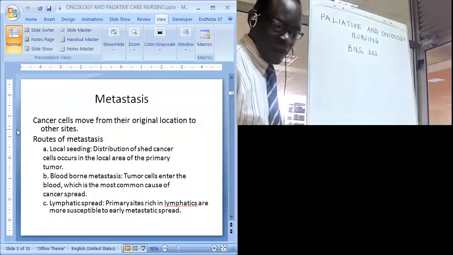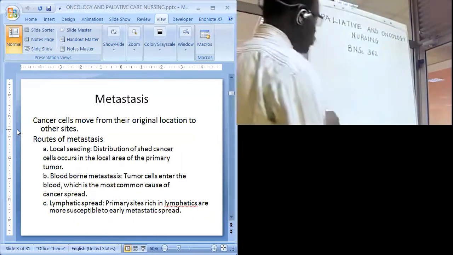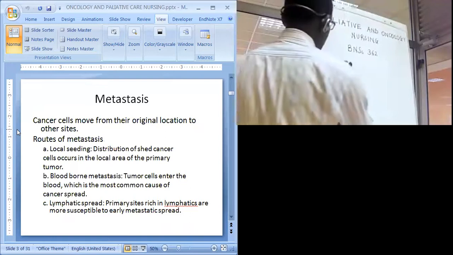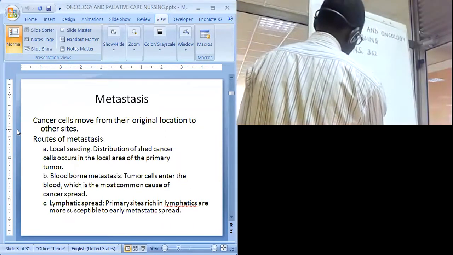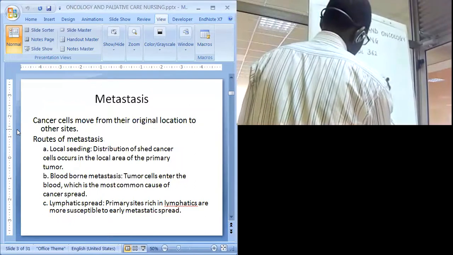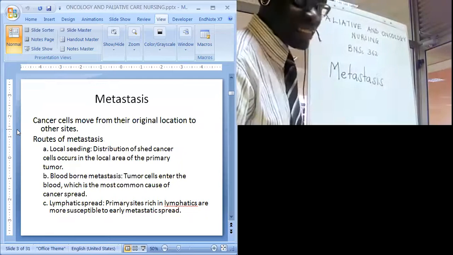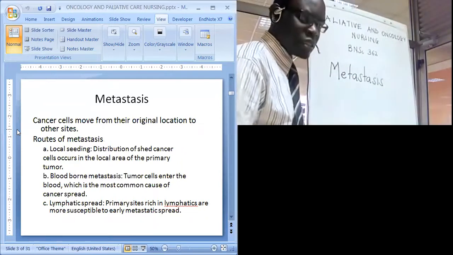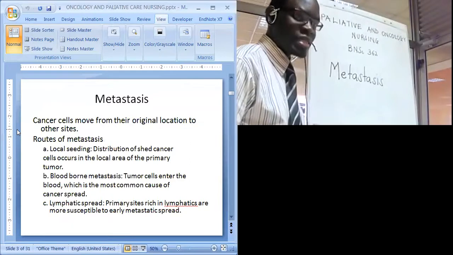The other thing that is worth mentioning that you should be aware of is the term metastasis. Metastasis basically means the movement of cancerous cells.